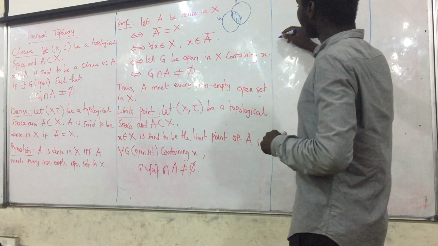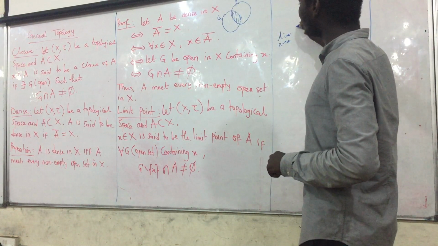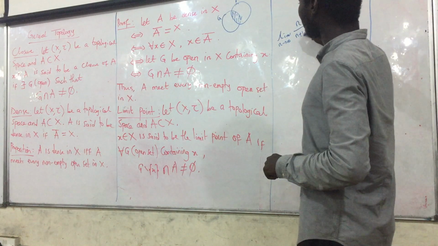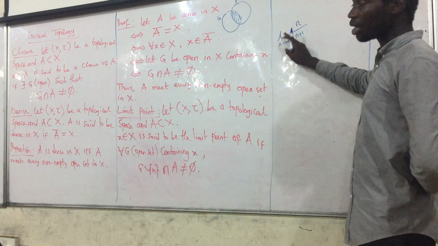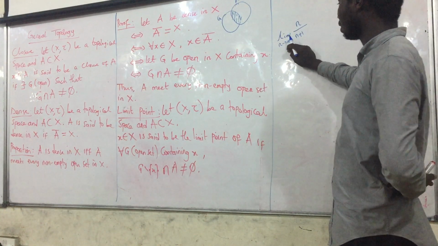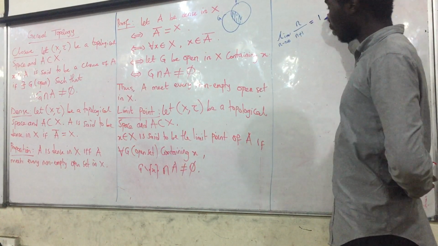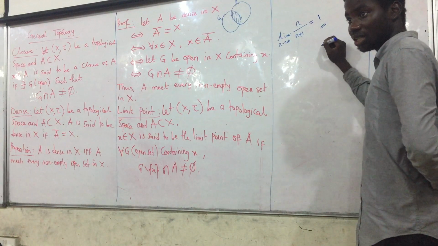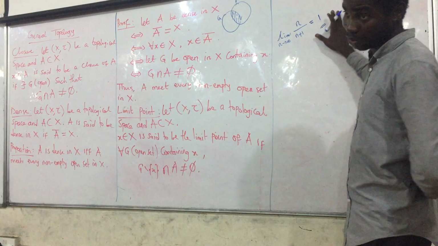Let me use limits to describe this for you. If we take the limit as n goes to infinity of n over n plus 1, the answer will actually be 1. Even if you use a calculator, just divide by the highest power, you see that the answer will be 1.